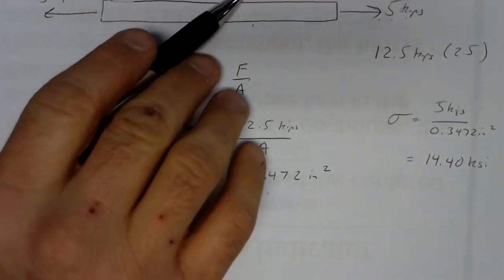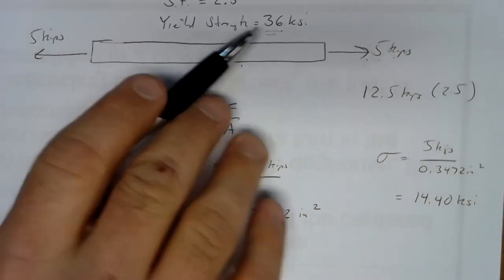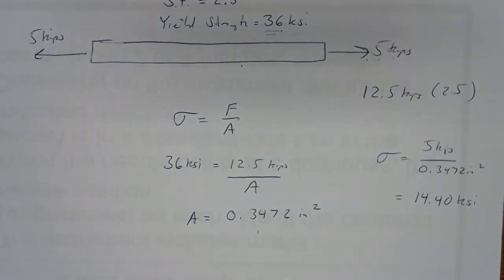Now that's a good bit below the yield strength, and that is the maximum load that we expect to put on this. So by using the safety factor to amplify the load, we ended up with an area that will keep the stresses low. And you can try it the other way around and come up with a way that you like the best.